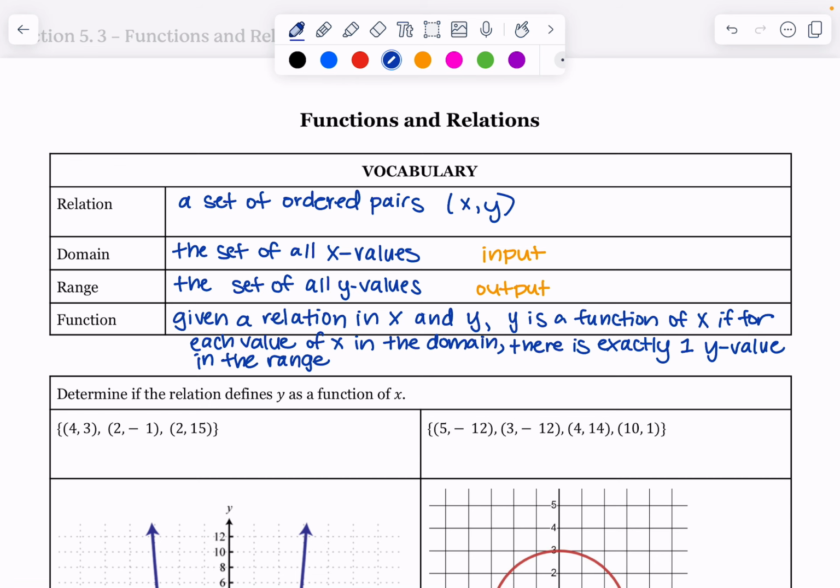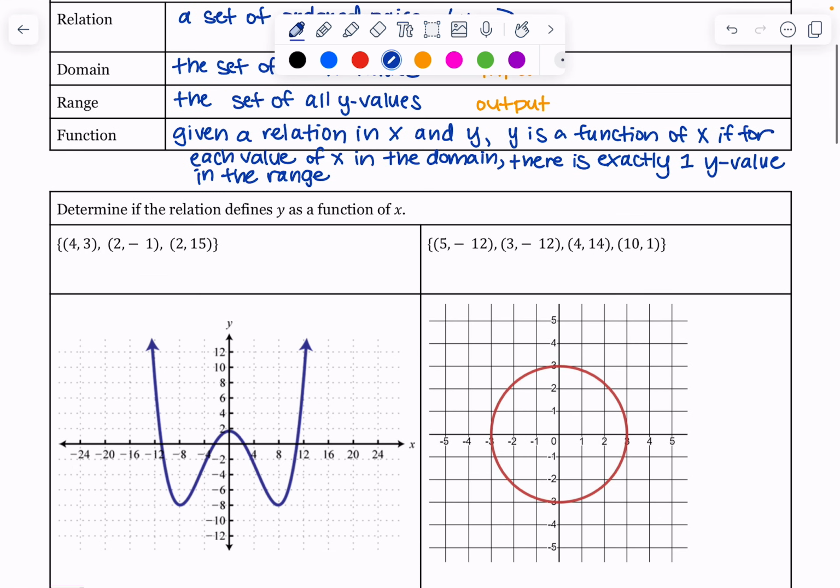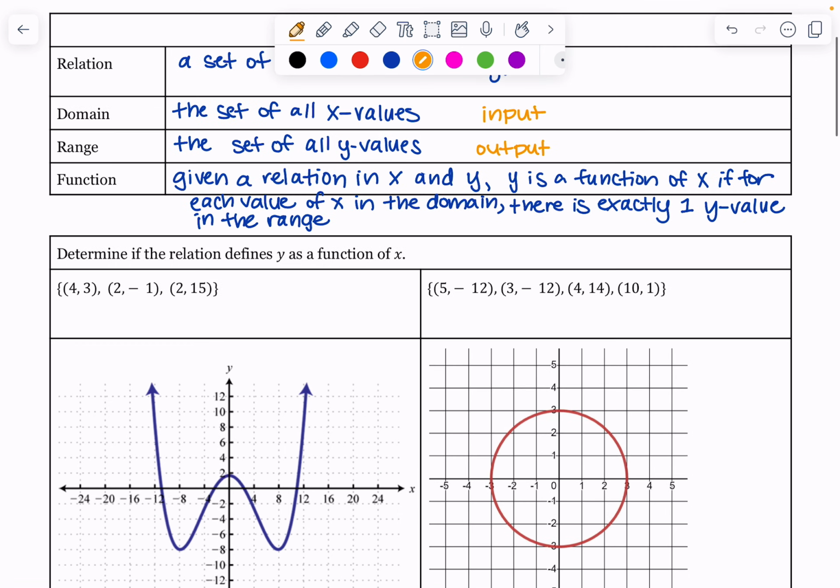All right, so for these first few, it says determine if the relation defines Y as a function of X. So here we've got (4, 3), (2, -1), and (2, 5). Basically, a function means that X is not repeating. It's not super mathy to say that, but we don't want multiple X's. If we have multiple X's, then we're going to have not a function. Here X is 4, X is 2, and X is 2.